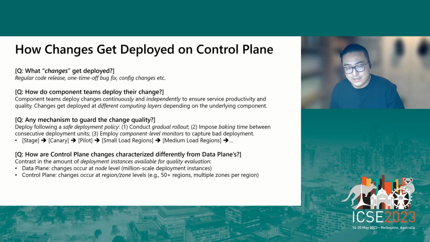By contrast, a control plane change often occurs at regional or zonal levels. For a regional change, Azure currently has around 50 plus regions over which a monitor can evaluate the quality of a change. So different attribution models are required for Azure control plane and data plane changes.